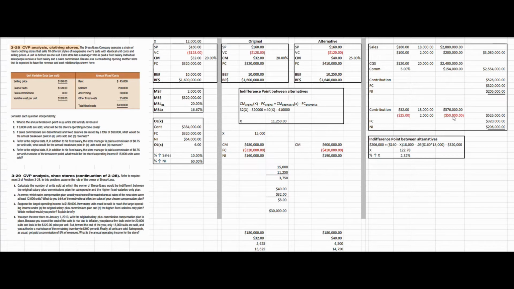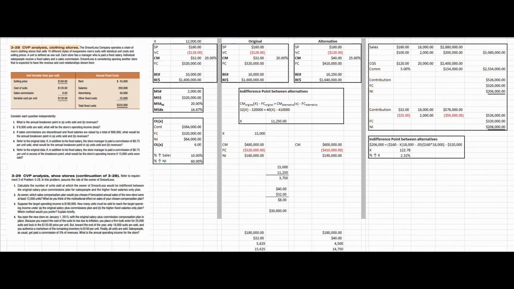If you were able to perfectly forecast the future, how many shoes would you have bought? You would have bought 18,000 shoes, in which case your total contribution would have been that amount right there, and you would have never incurred that negative contribution. So this information right here tends to be buried up here. So I would prefer this format.